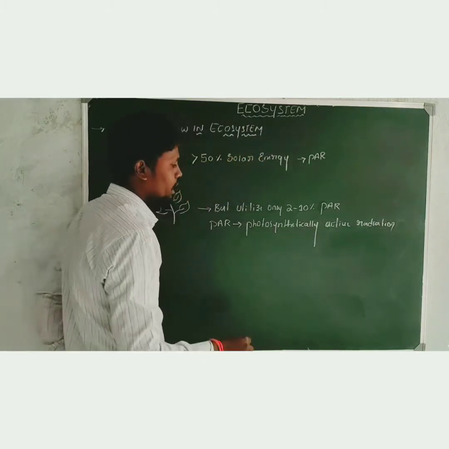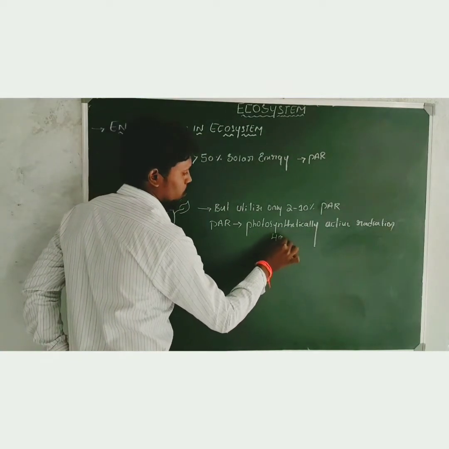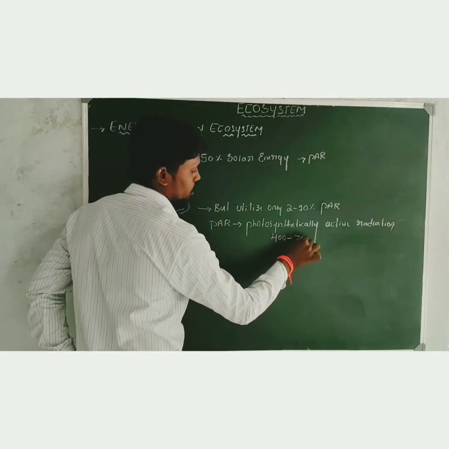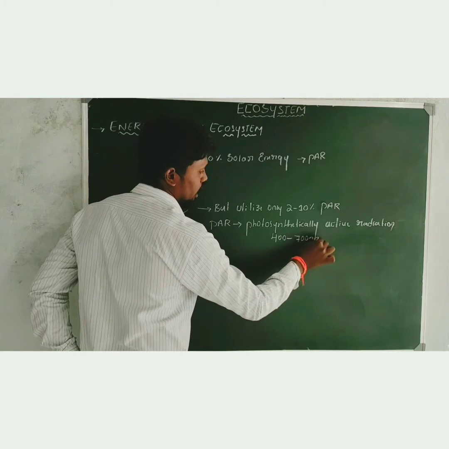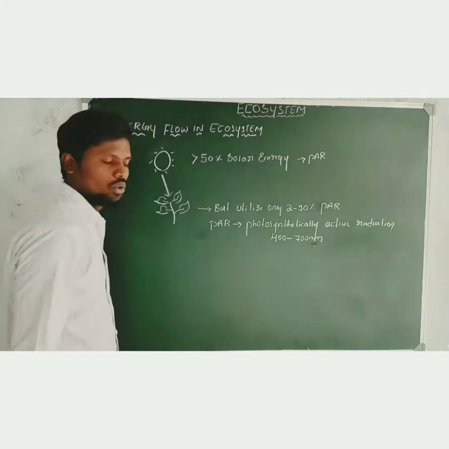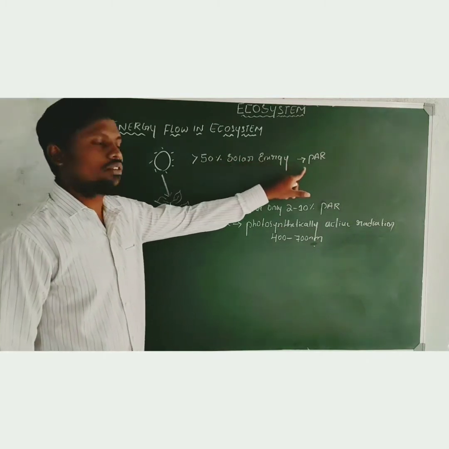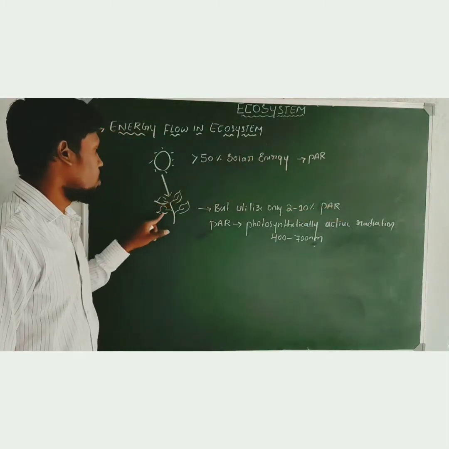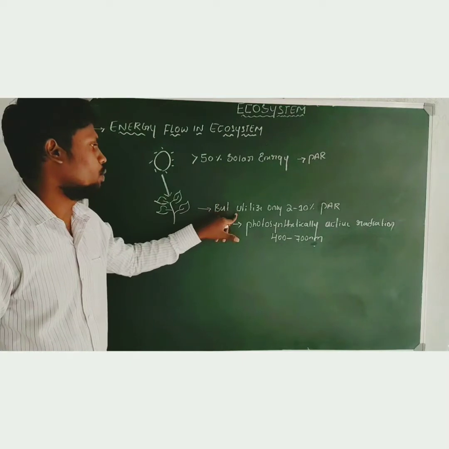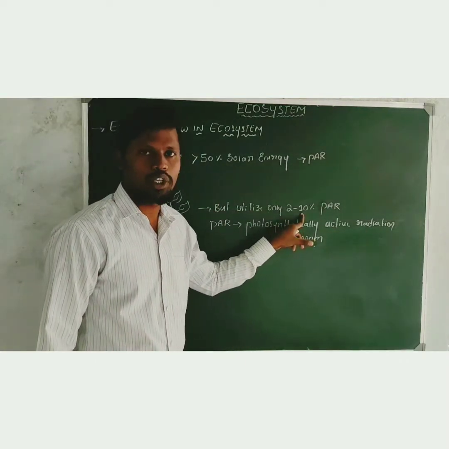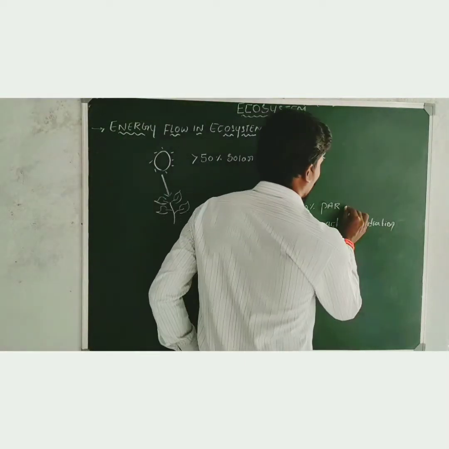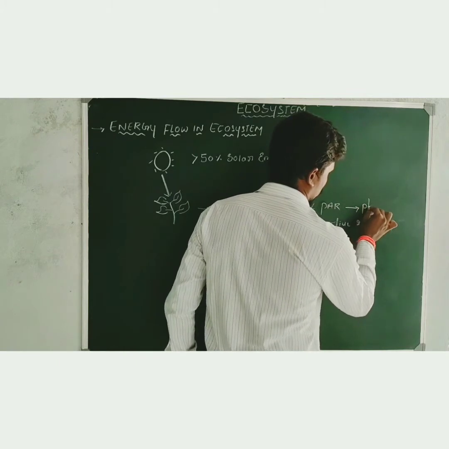It has a range of about 400 nanometers to 700 nanometers. More than 50% of solar energy falls on the plant, but the plant utilizes only 2 to 10% of the power for the photosynthesis process.